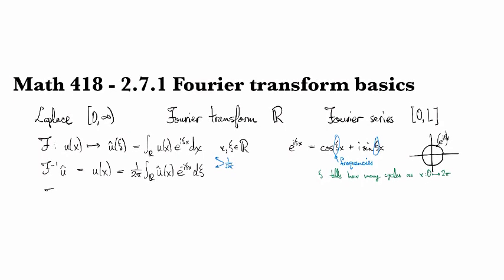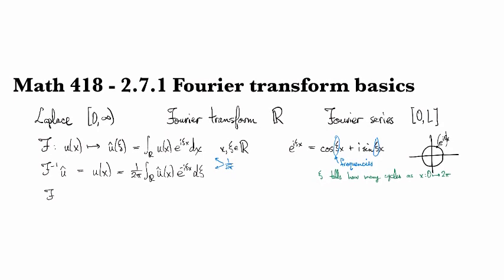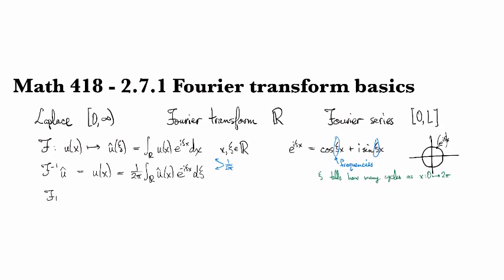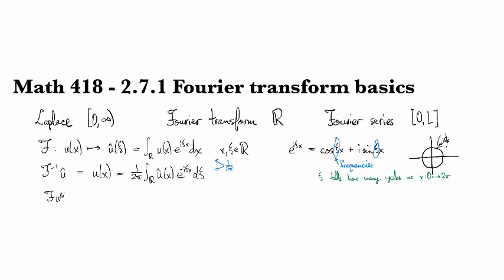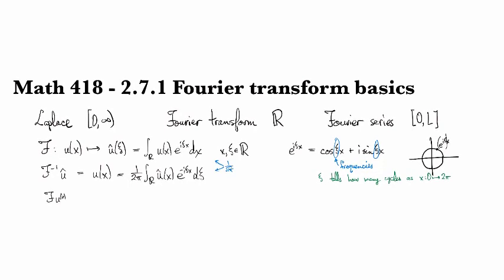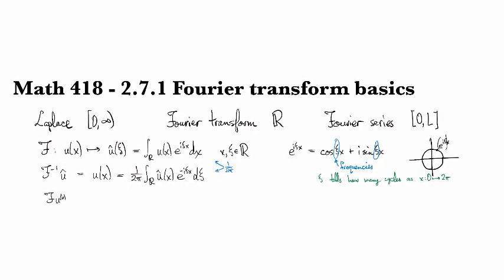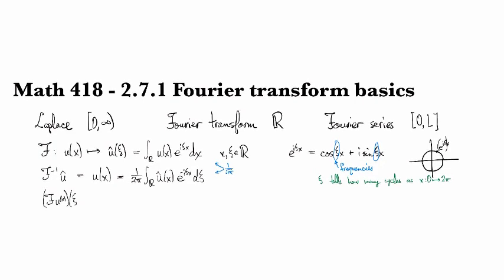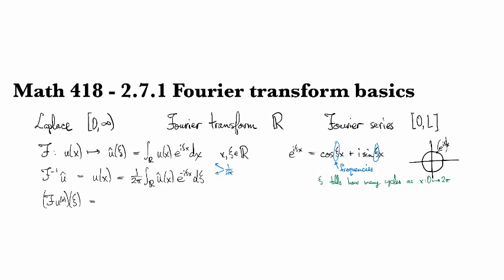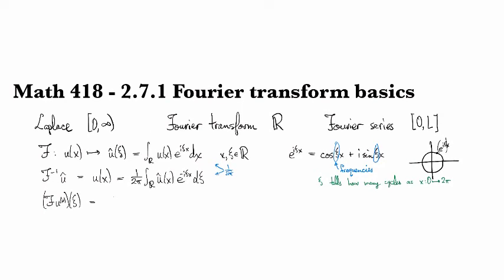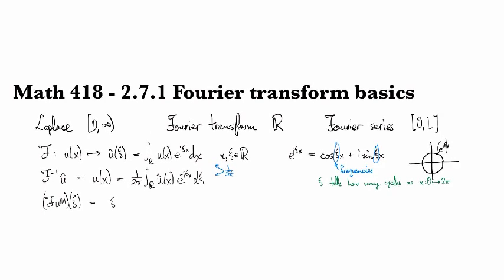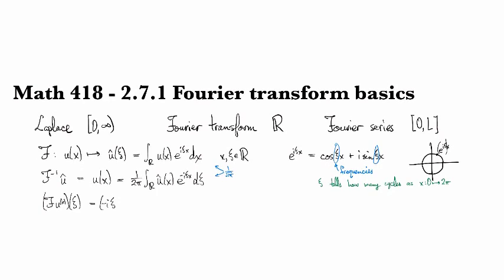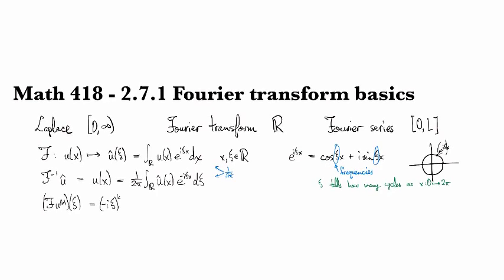The Fourier transform has a similar property to the Laplace transform in that if we take the transform of the derivative of something, it's going to convert that differentiation into multiplication by the independent variable, or in this case, minus i times the independent variable.